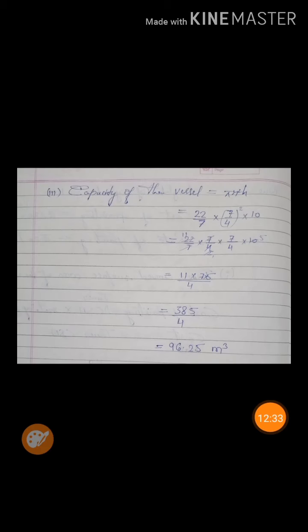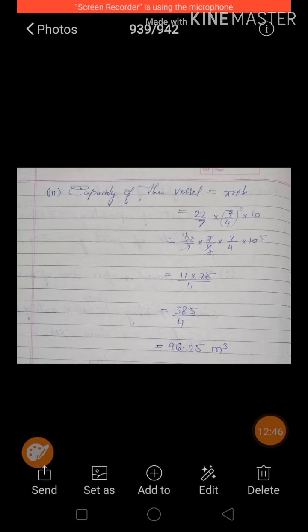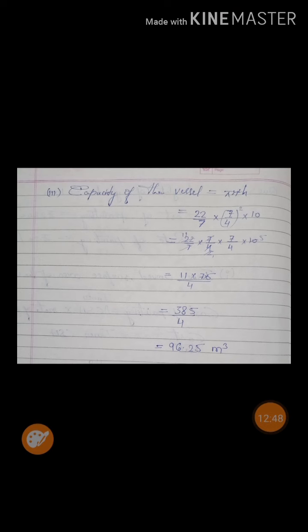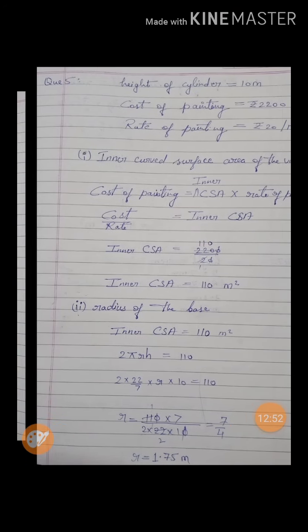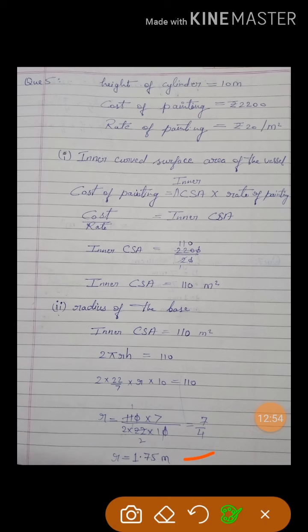Now we need to find the capacity of the vessel. Capacity means volume. So volume of cylinder we know it is pi r square h. So put the values of pi, r and h. Pi is 22 upon 7. Value of r we have found was 1.75 meters, but we can write it in the form of a fraction also.